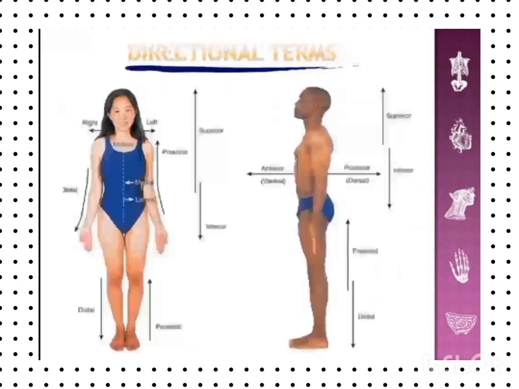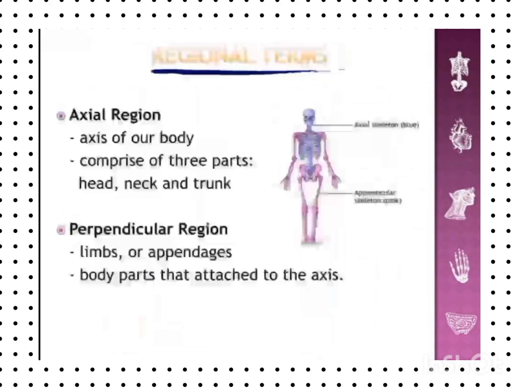Another plane is the frontal plane, the vertical plane that divides the body into anterior and posterior parts. The next plane is the transverse plane, a horizontal plane which divides the body into superior and inferior.